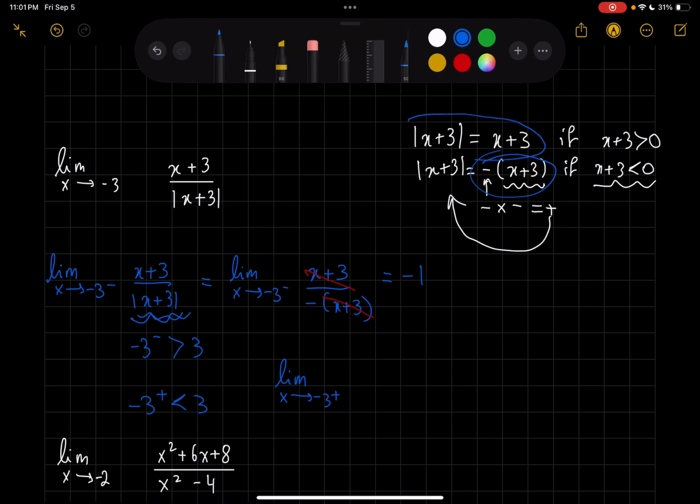So now I need to apply the first rule. So now it's going to be x plus 3 over x plus 3. And now, according to the simplification, you're going to have +1. Now, since -1 is not the same as +1, that means that this limit does not exist.